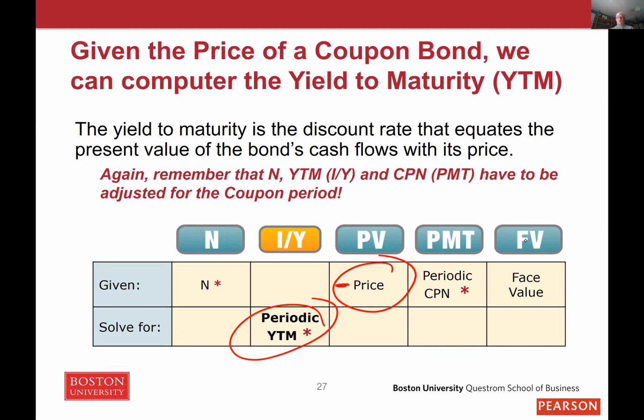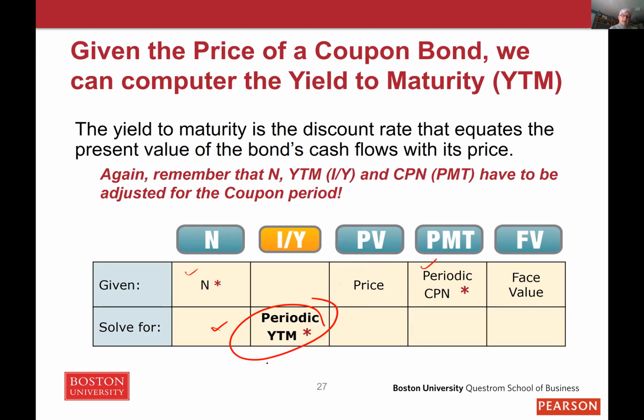So the payment and the face value are both cash flows that if you're investing in this bond, you're going to receive, and the price you're going to pay. So the other thing to think about for a moment here is that if we are calculating the interest rate, remember that what you have done is adjusted your N and your payment for the period.